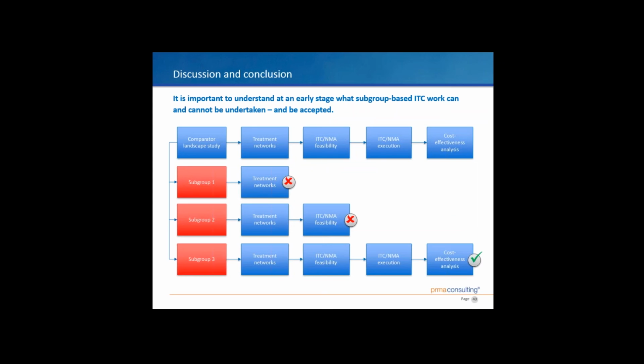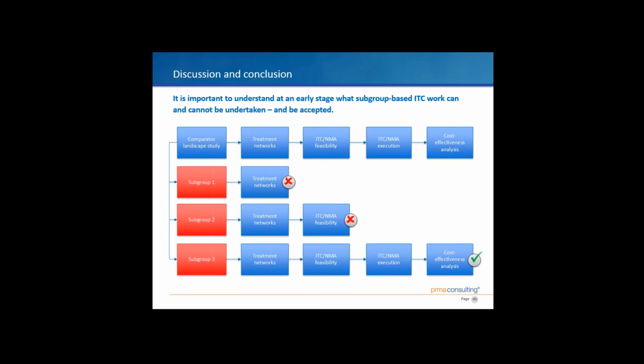You know, you have a classical approach of a landscape study, treatment networks, ITC feasibility, you conduct the ITC, you have your model. Very early on, as we said in the last webinar, it's crucial to understand what your subgroups almost certainly are going to be.